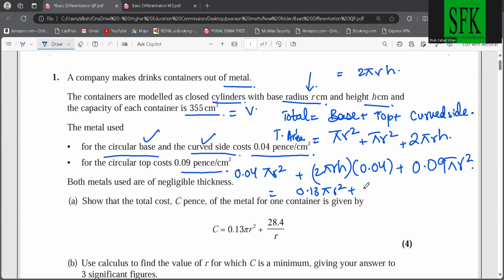Okay, so let's just keep it as 2 pi r h for now.